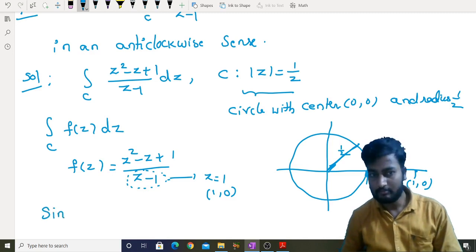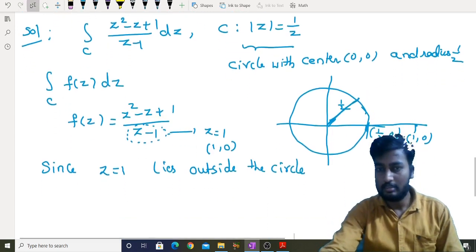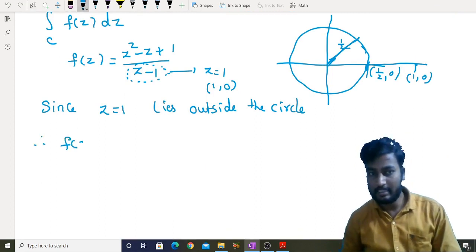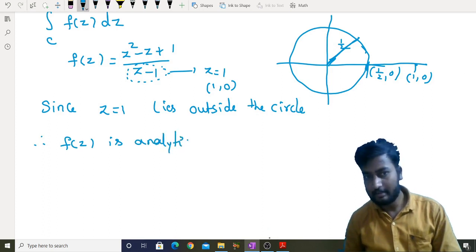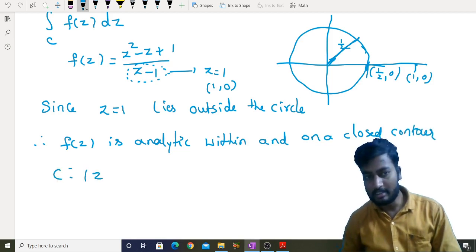Since z equal to 1 lies outside the circle, f of z is analytic within and on the closed contour C, which is mod z equal to 1 by 2.